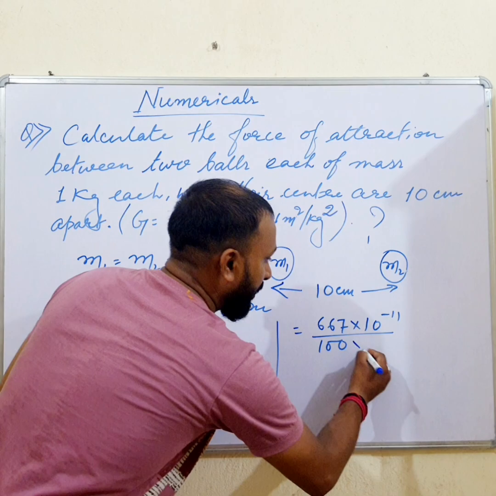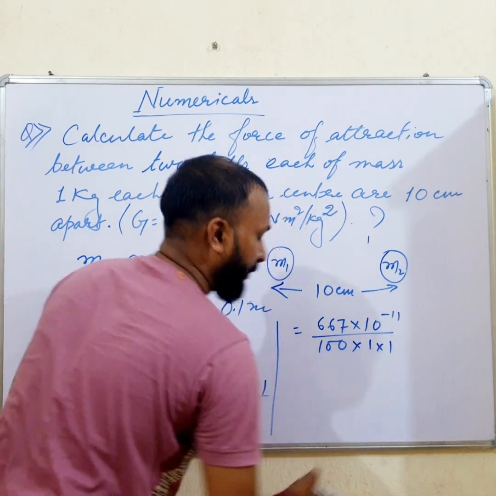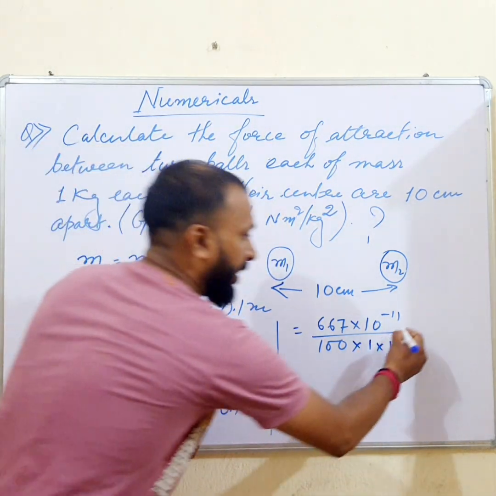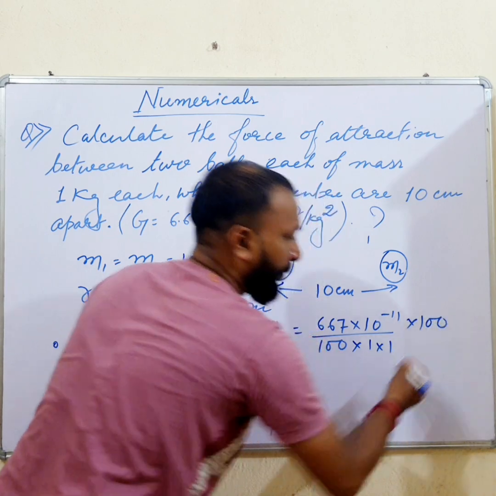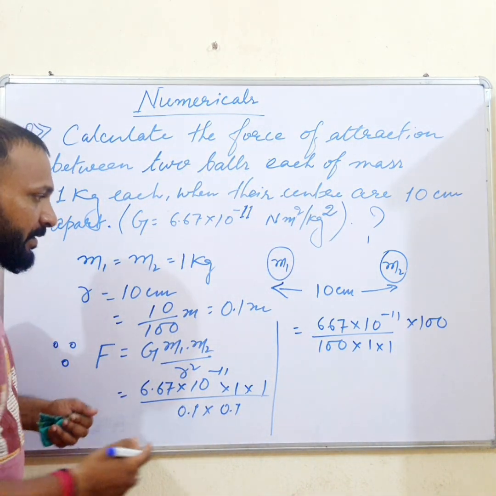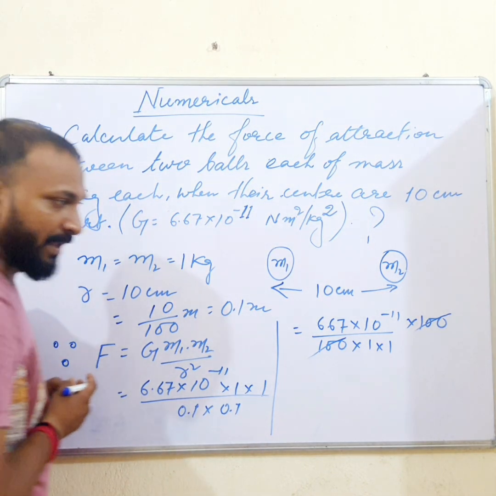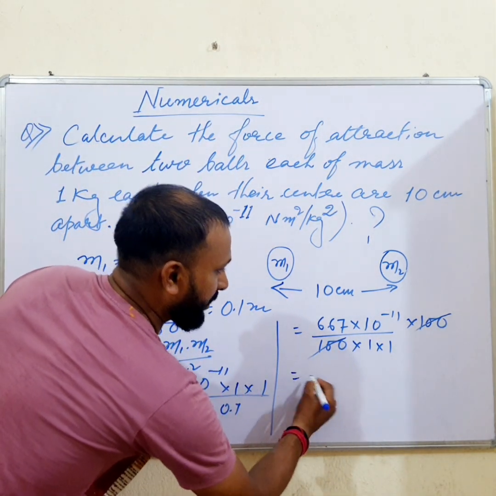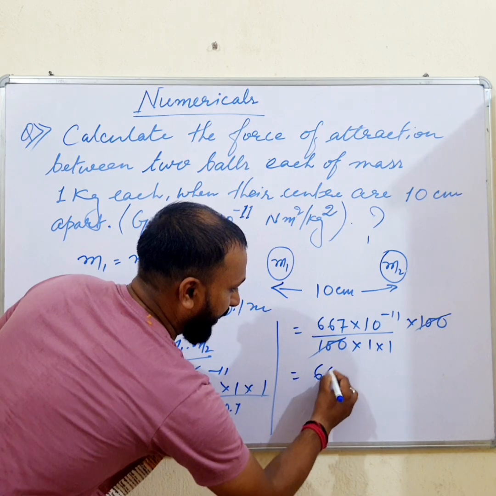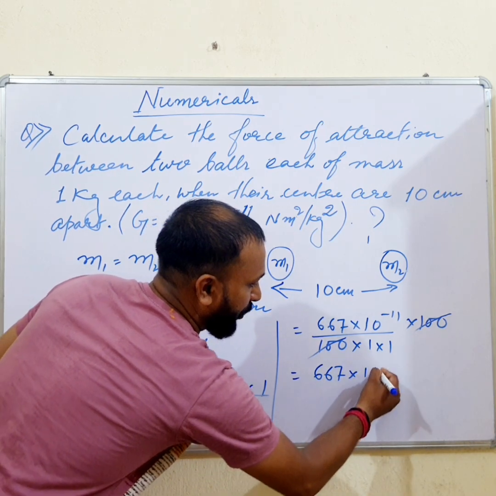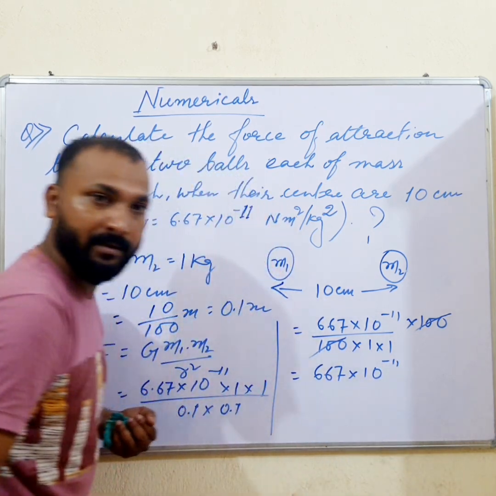Then here will be 1 cross 1, then 100 will go up. Clear? This 100 and this 100 are cancelled out. Now the answer is 667 into 10 to the power minus 11.